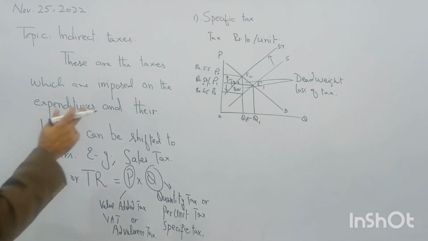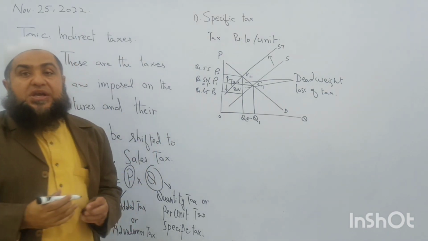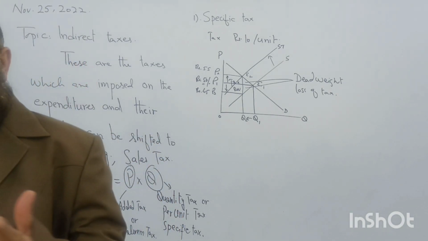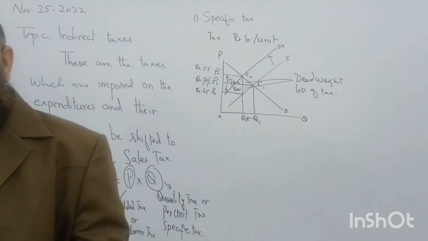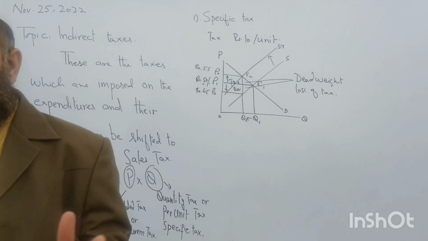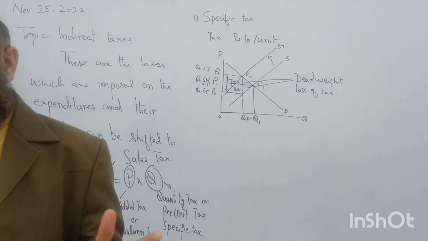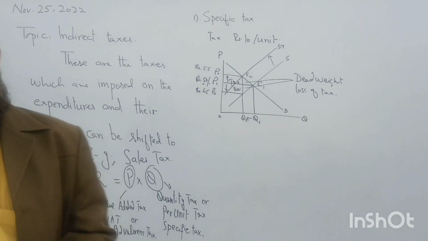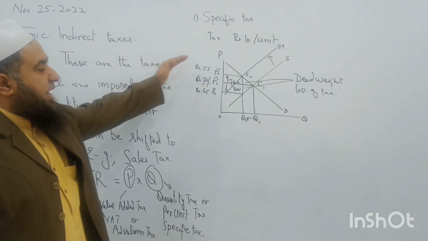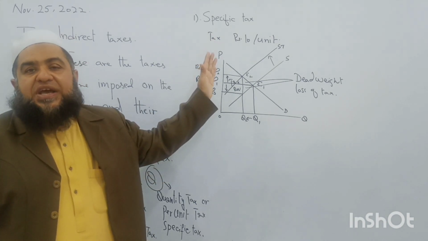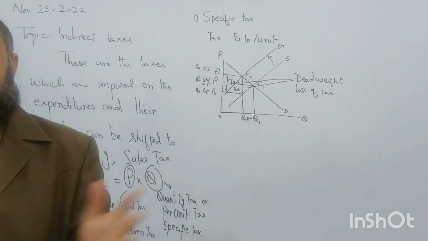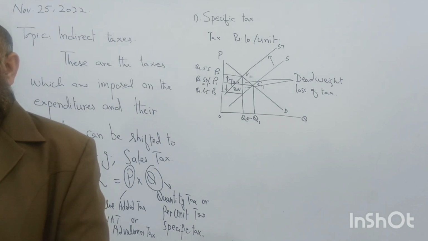Now actually these two triangles are showing us the tax incidence. Tax incidence means how the burden of tax is shifted or shared among the buyers and the sellers. In this case, the burden of the tax is equally shared, so the tax incidence is equal. Both are paying 50% of the tax.